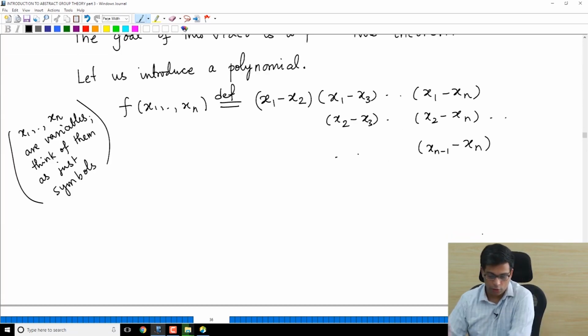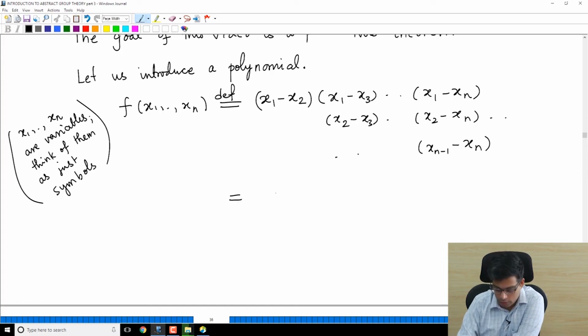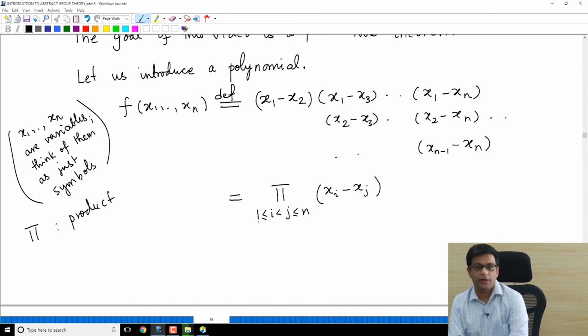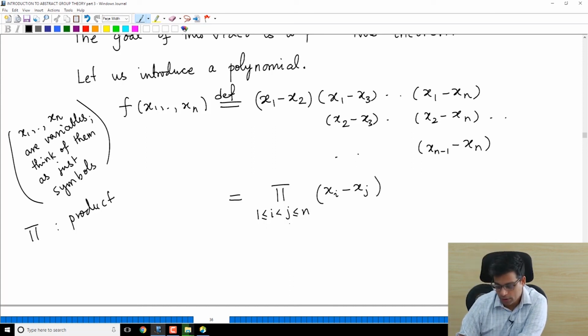So this is the polynomial, and formally if you want to write it compactly, it is written like this. We take the product over distinct i and j with i less than j. This symbol stands for product. You are all familiar with the summation sign; this is just the product sign. i can be anything from 1 to n minus 1, and j can be anything from 2 to n.